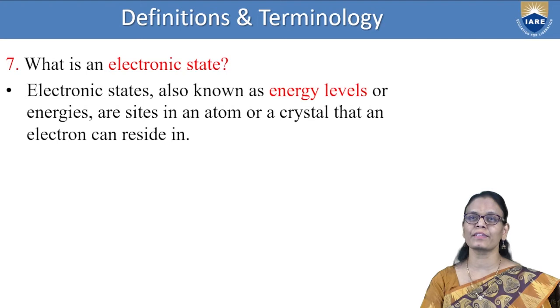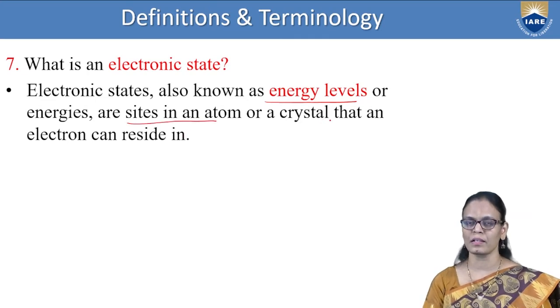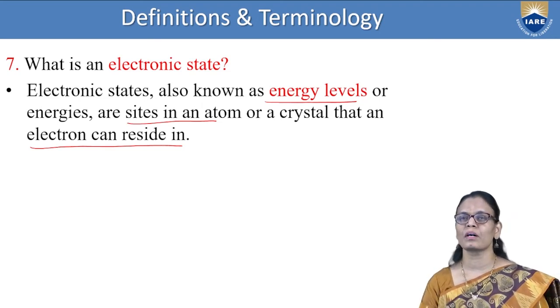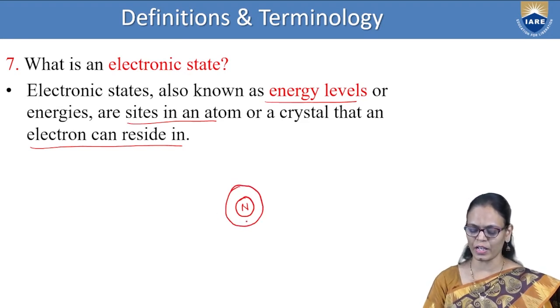Now, what is an electronic state? Electronic states are also known as energy levels, or energies, sites in an atom or a crystal where an electron can reside. So in simple words, whenever you have to define the structure of an atom, we say that there will be a nucleus at the center and electrons revolving in fixed orbits.